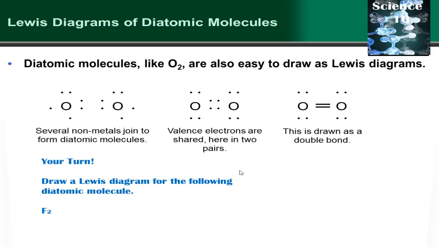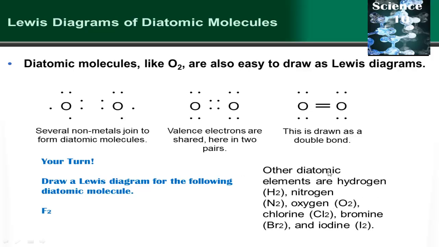So, your turn. Draw a Lewis diagram for the following diatomic molecule. All of the halogens tend to form diatomic molecules. Other diatomic molecules are hydrogen, H2, nitrogen, N2, oxygen, O2, chlorine, bromine, and iodine.